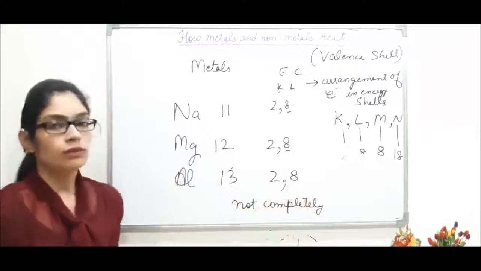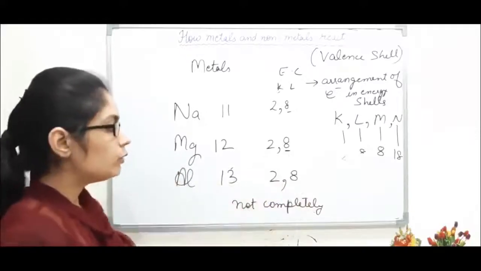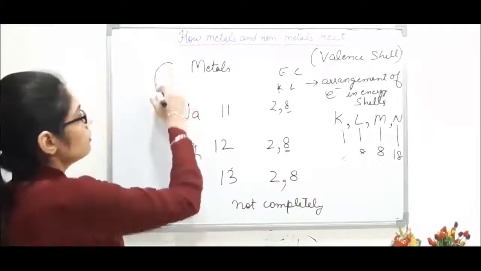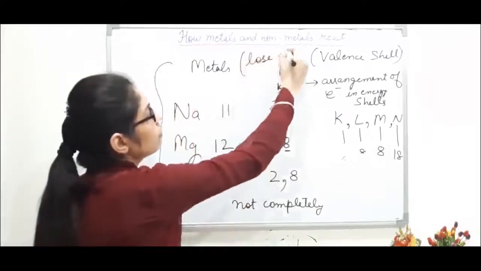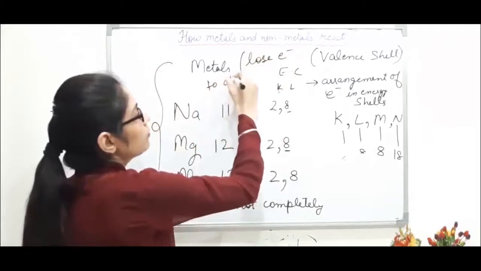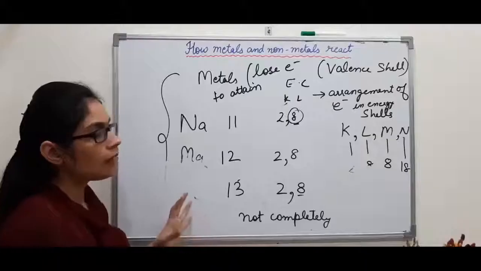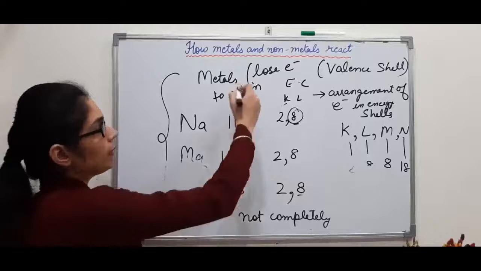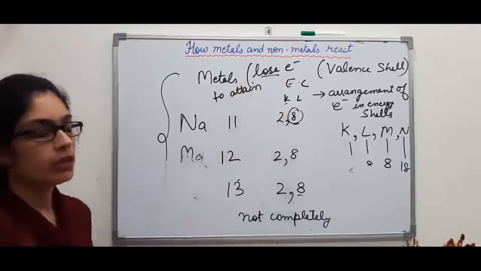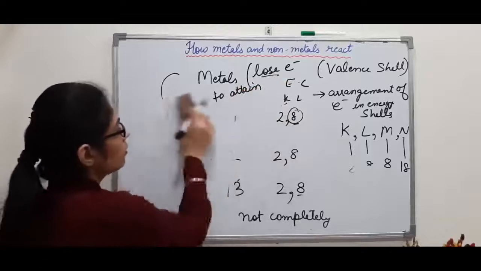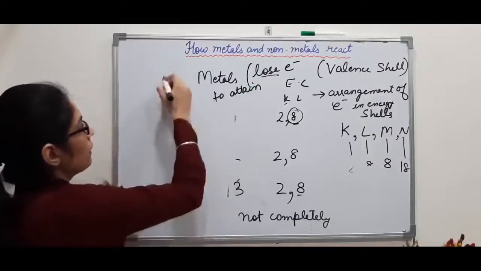So it has also attained stability after losing 3 electrons. So this is how metals lose electrons to attain noble gas configuration. Now we have observed that metals tend to lose electrons in order to attain noble gas configuration. Now let us observe the electronic configuration of non-metals.